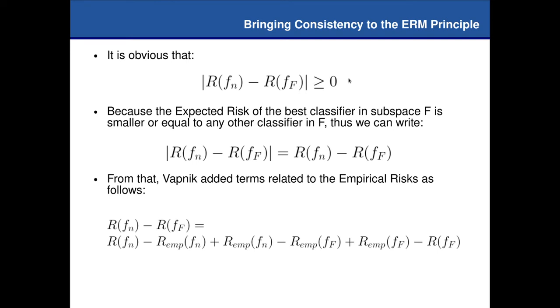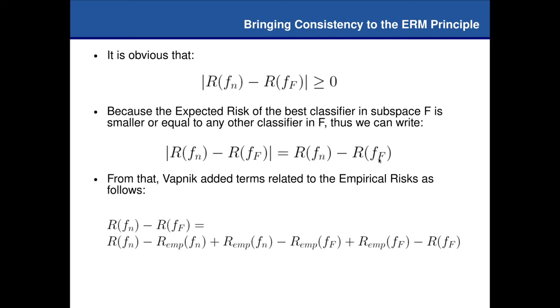Why? Because this expected risk is going to be greater than this expected risk over here. This has the smallest possible expected risk. You know which is the best function inside my bias: it is the one that best approximates my joint probability distribution. So its expected risk is going to be as low as possible given my bias.